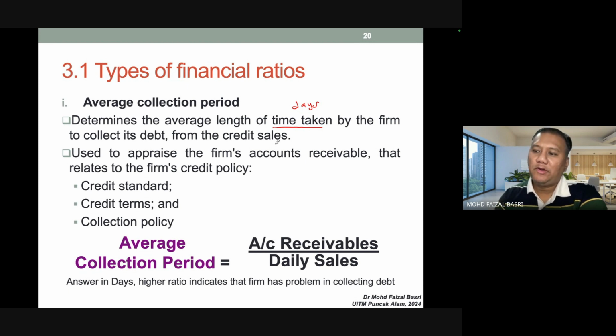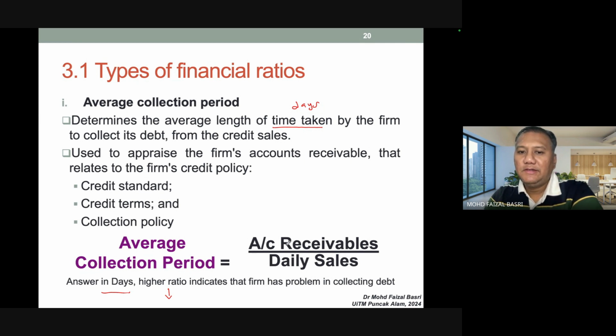The sale was on credit but they get the cash later. So this ACP will determine how many days. So the answer, as I said, is in days. The higher the ratio indicates the firm has a problem. That's why we want the ratio to be lower.